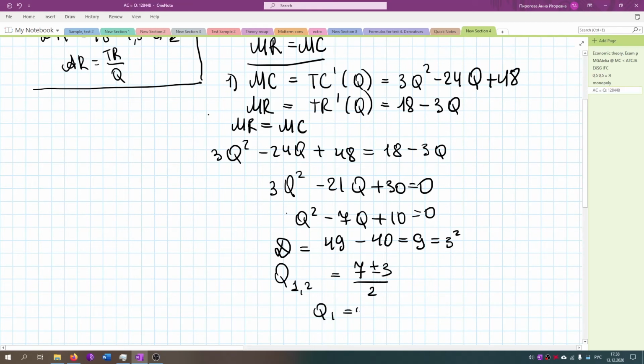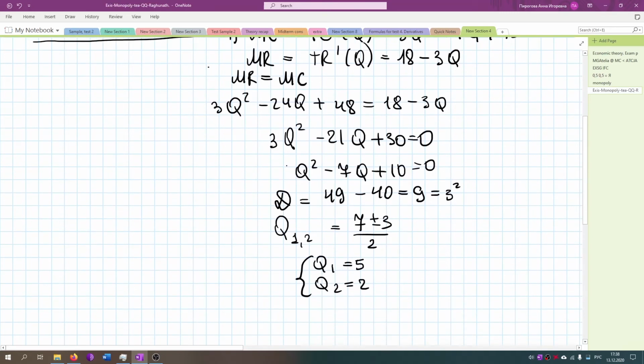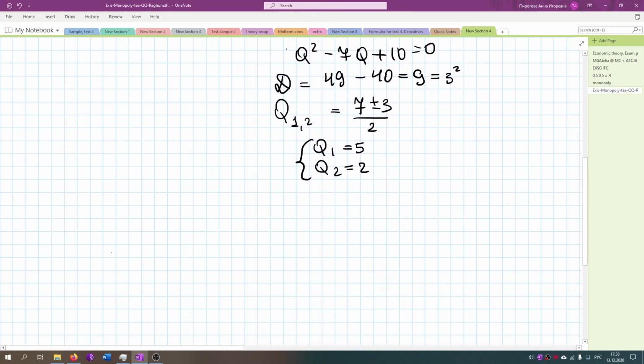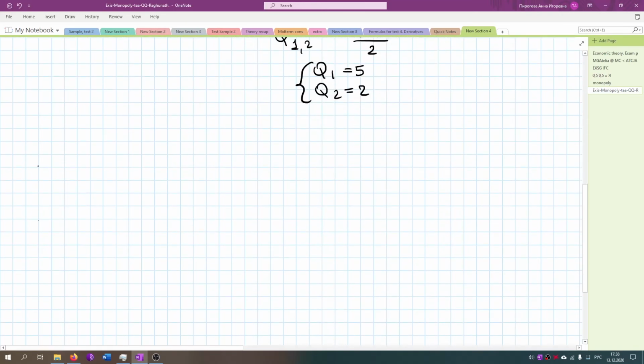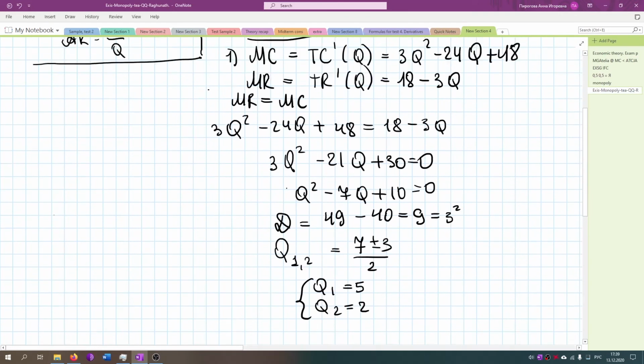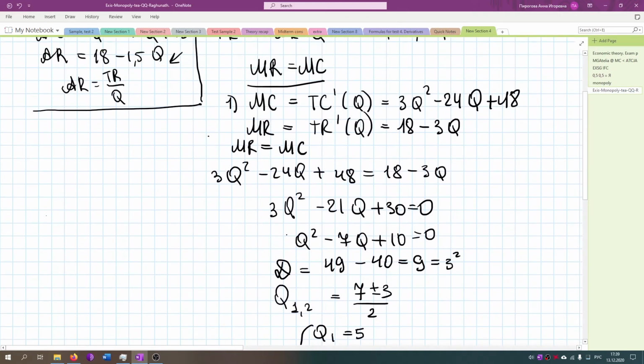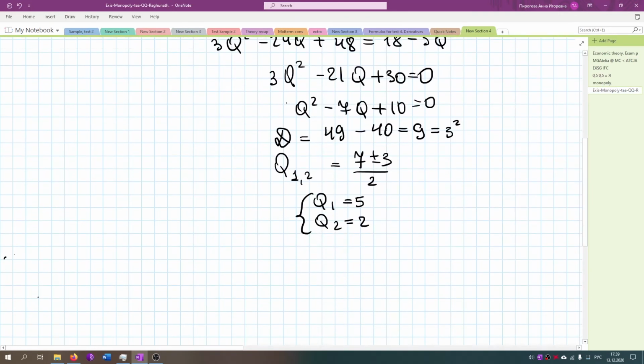So quantity 1 is equal to 5, quantity 2 is equal to 2. Let's compute our total revenue.